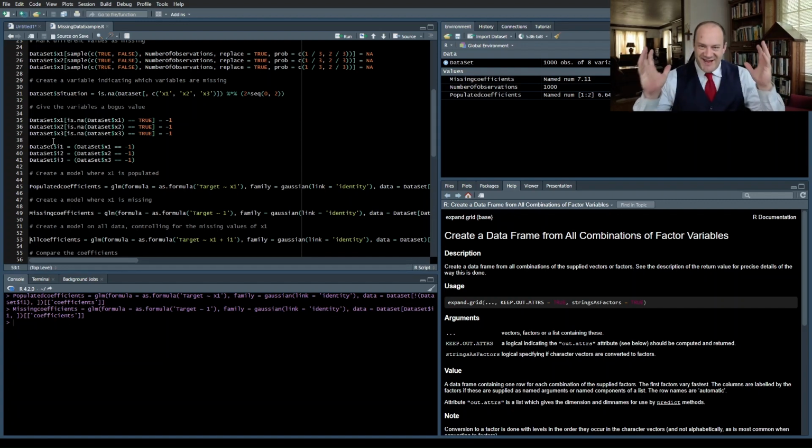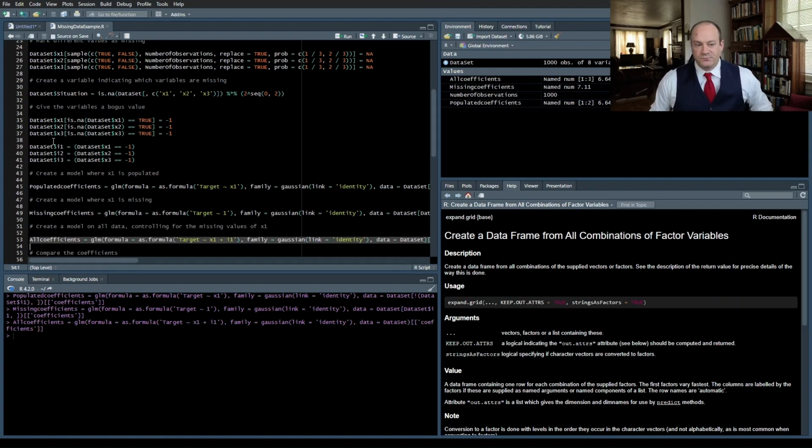And so now the real question is, okay, all well and good, is there a way to do this simultaneously so that I don't have to create 2 different models? And the answer is yes. What we're going to do is, and this is why we created those bogus values so that they wouldn't get rejected, among other things, by the GLM function, we are going to put both the predictor variable and its indicator into the model, and that's the all coefficients model here.